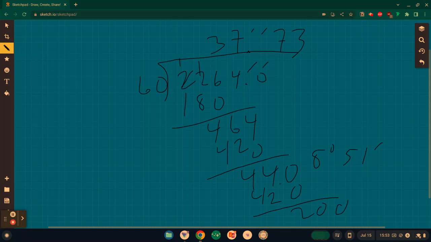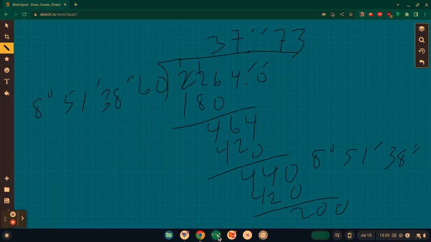And so we can say that's 38 seconds. So our answer, our longitude time equivalent is 8 hours, 51 minutes, and 38 seconds. Now we can check our work.